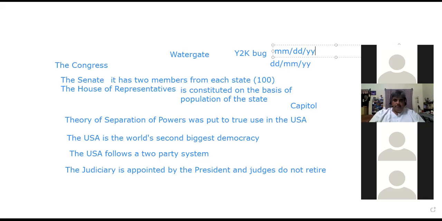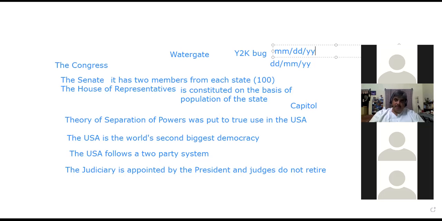Now what has happened is that they found that once the new millennium came in, in the year 2000, you'll have 01, 01, 00.